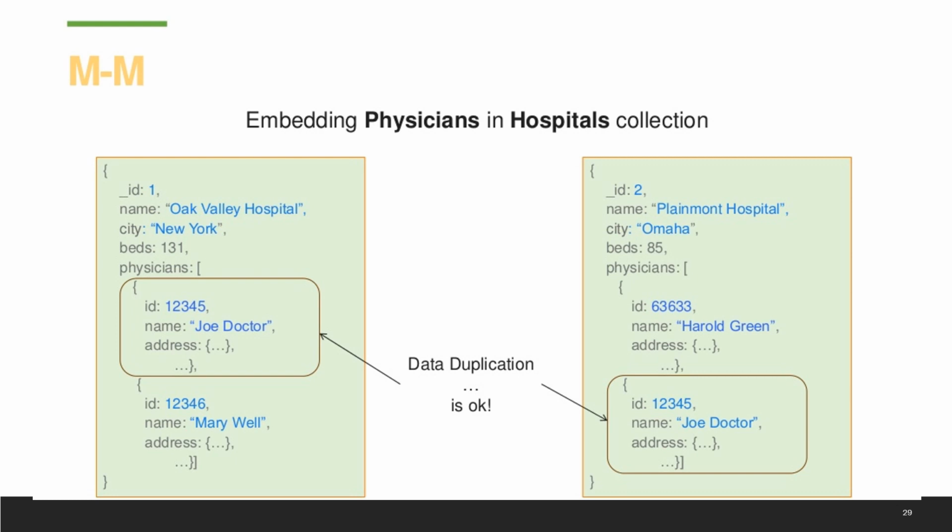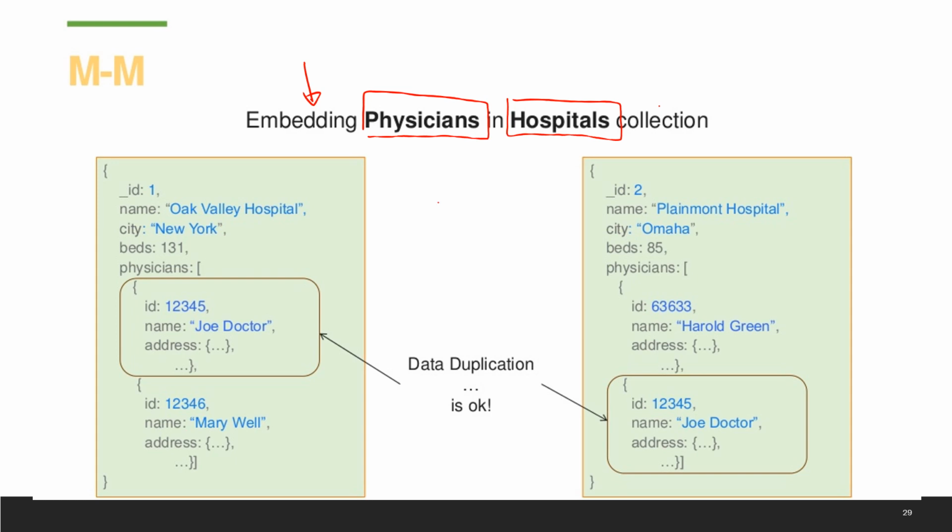This shows an example of a many-to-many relationship using the embedding mechanism. So the relationship expressed is that many physicians work for many hospitals. And we use embedding to embed physicians inside hospitals. So look at the hospital document here.